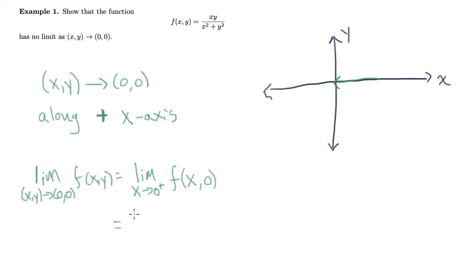If I plug in 0 for y, I have 0 over x squared, but x is a small positive number, so this is really just the limit of 0, which is 0. So along the positive x-axis, I get a limit of 0.